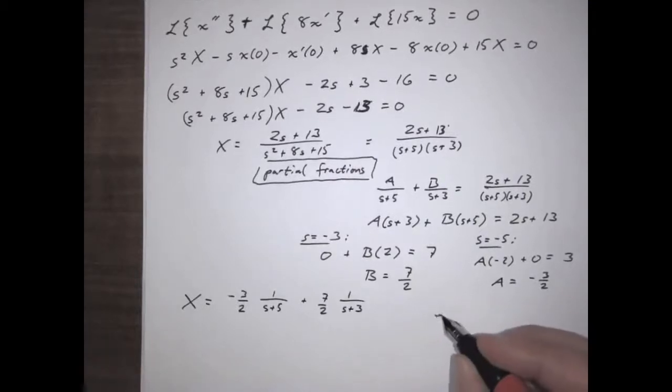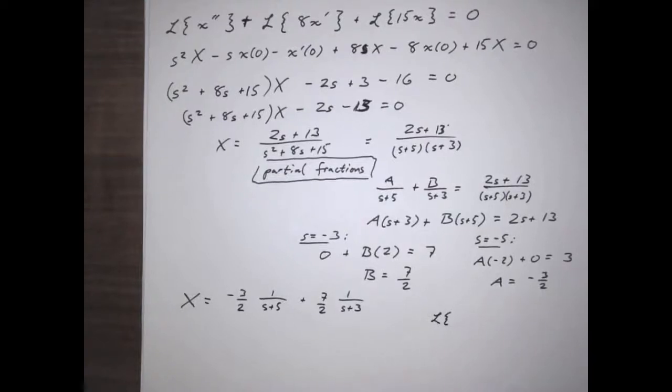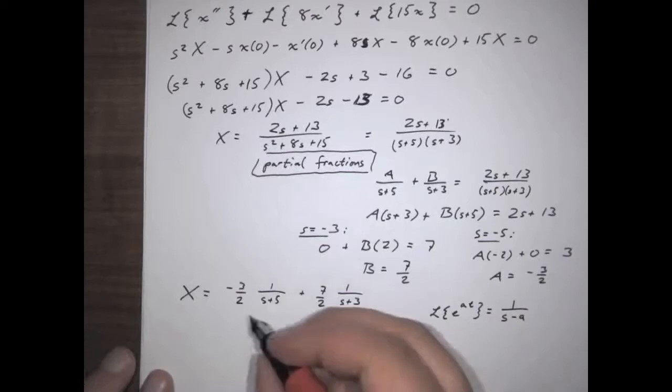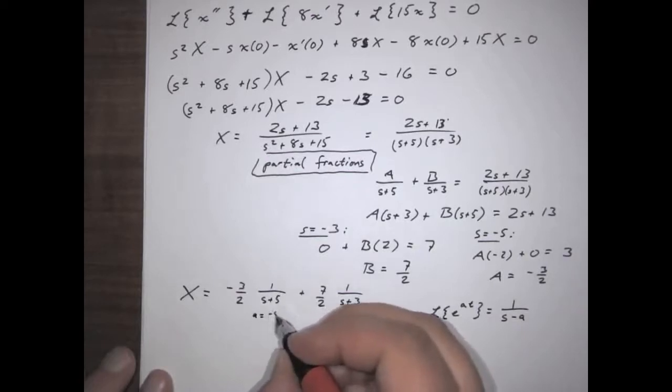Now we look over the table of Laplace transforms, find the one that's most similar to this, and the one that's most similar is e to the at, the Laplace transform of which is equal to 1 over s minus a. So then this will be an a of negative 5.